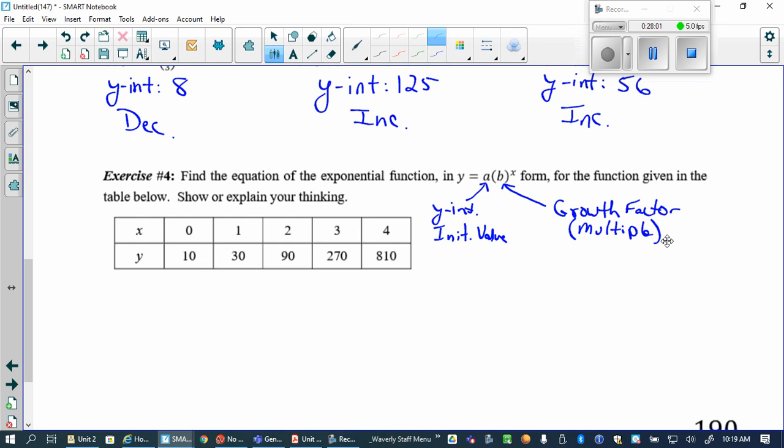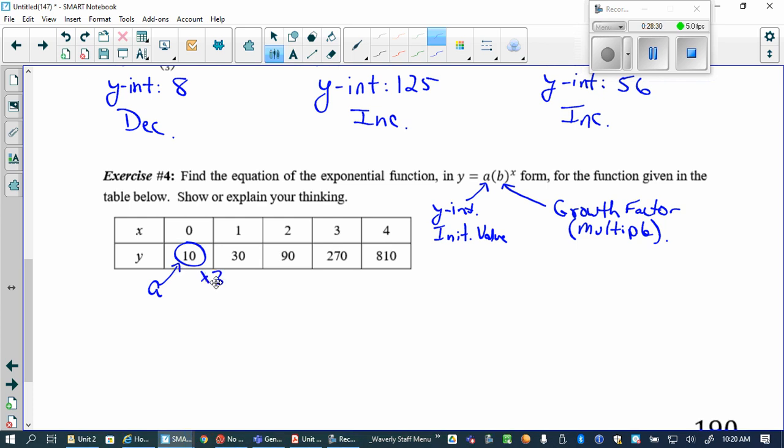So let's look at this for a minute. You guys on your own, see if you can look at this table and write the equation that would make it. You just need what the A is and what the B is. So if we look at this here, we see our starting amount here is 10, yeah? So that's our A. That's our initial value. And what do we do to get to this next one?